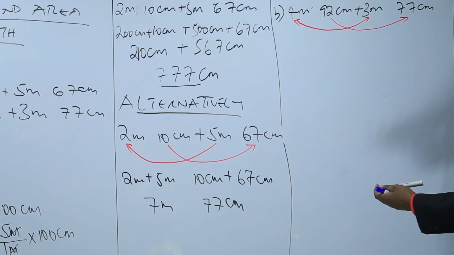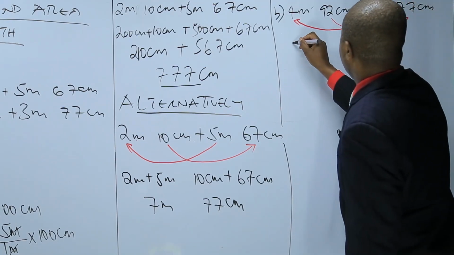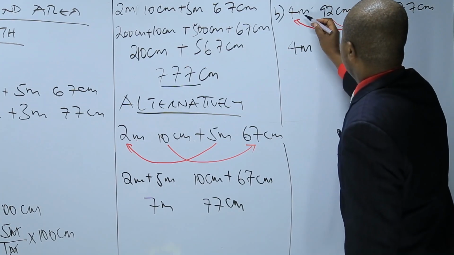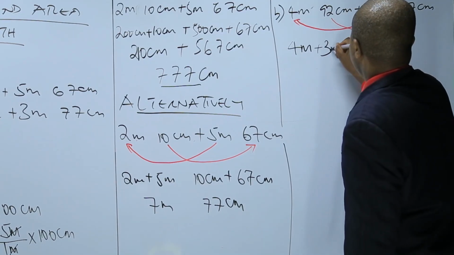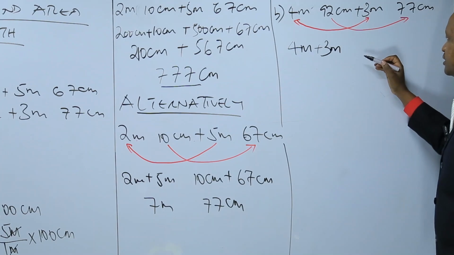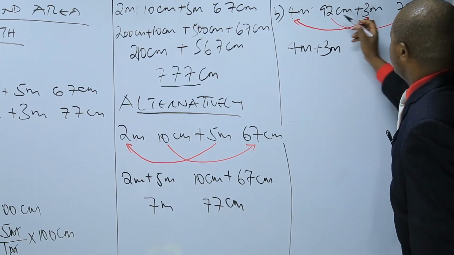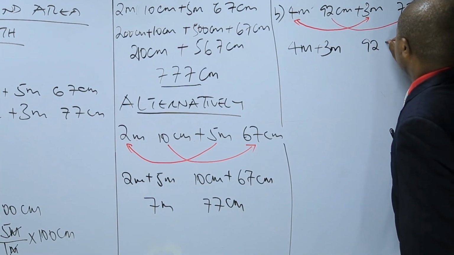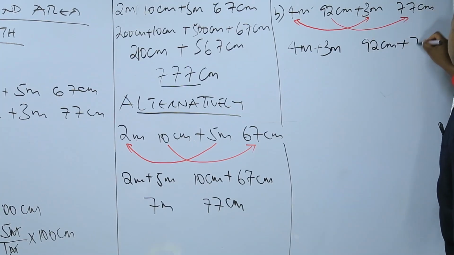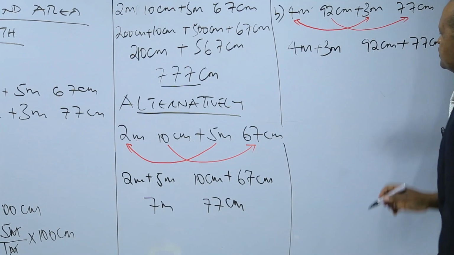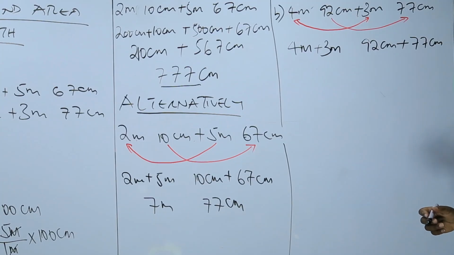So the answer will be 4 meters, plus 3 meters and 92 centimeters plus 77 centimeters.